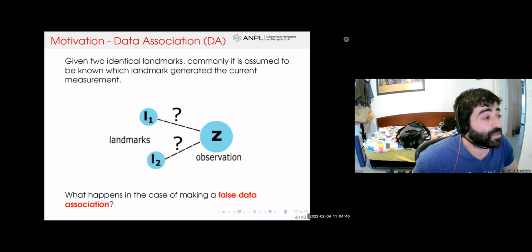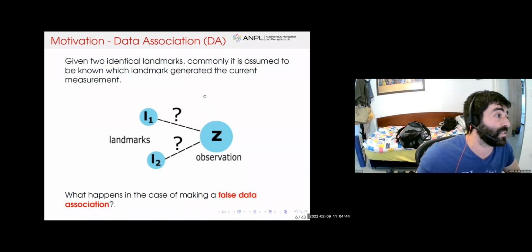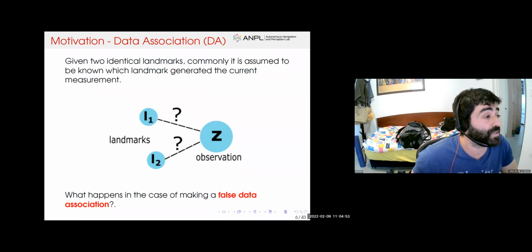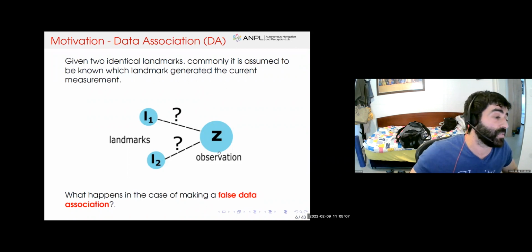Now, in general, in most researches, we have the data association assumption. What does that mean? If we have two identical landmarks, commonly it is assumed that if we retrieve the measurement, in the inference phase, we can perform the correct association, meaning the observation Z can be associated to the right landmark L1 or L2, for instance.